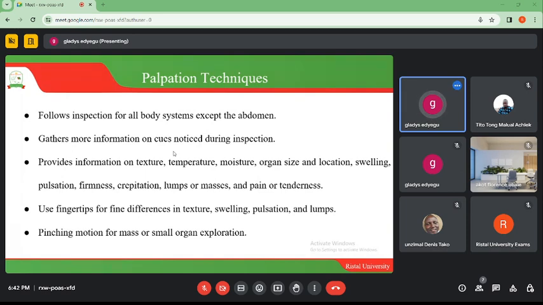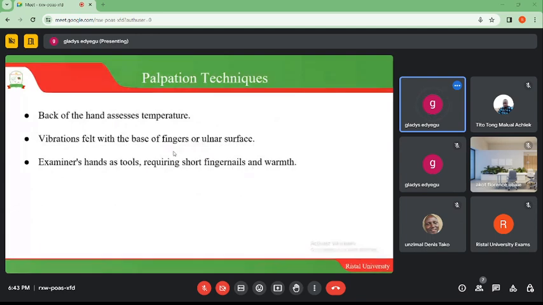So sometimes you go ahead to confirm during palpation whether what you're palpating is actually what you saw in the inspection, so that you can accept that yes, maybe the liver is really enlarged or the spleen is enlarged.